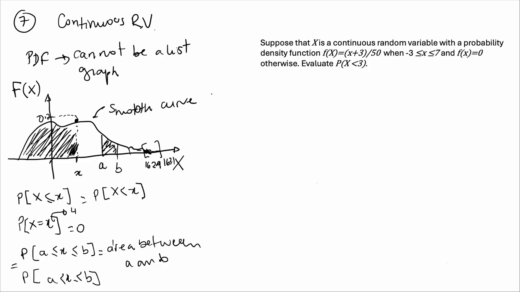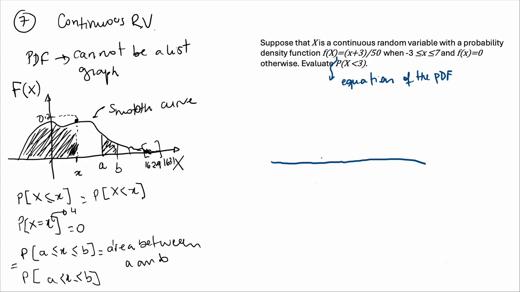So when you see this, first of all, it's a continuous random variable, and the PDF is given by an equation. That is the case because a PDF of a continuous random variable is a curve. So this is the equation of the smooth curve of your PDF. What is the problem saying?